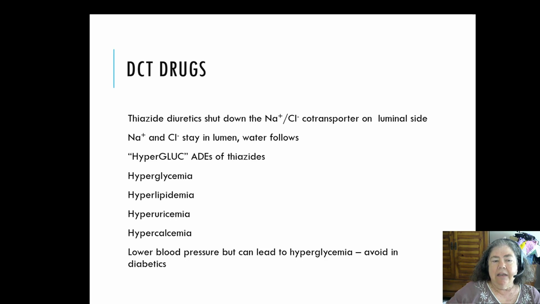They can contribute to gout by increasing uric acid levels, so hyperuricemia, and they can disturb calcium levels, causing hypercalcemia. All of those things, but they're still widely used and are very good drugs for the treatment of blood pressure. So they do lower blood pressure, largely by helping us lose a little bit of sodium and water. But they are best to avoid in type 2 diabetics.